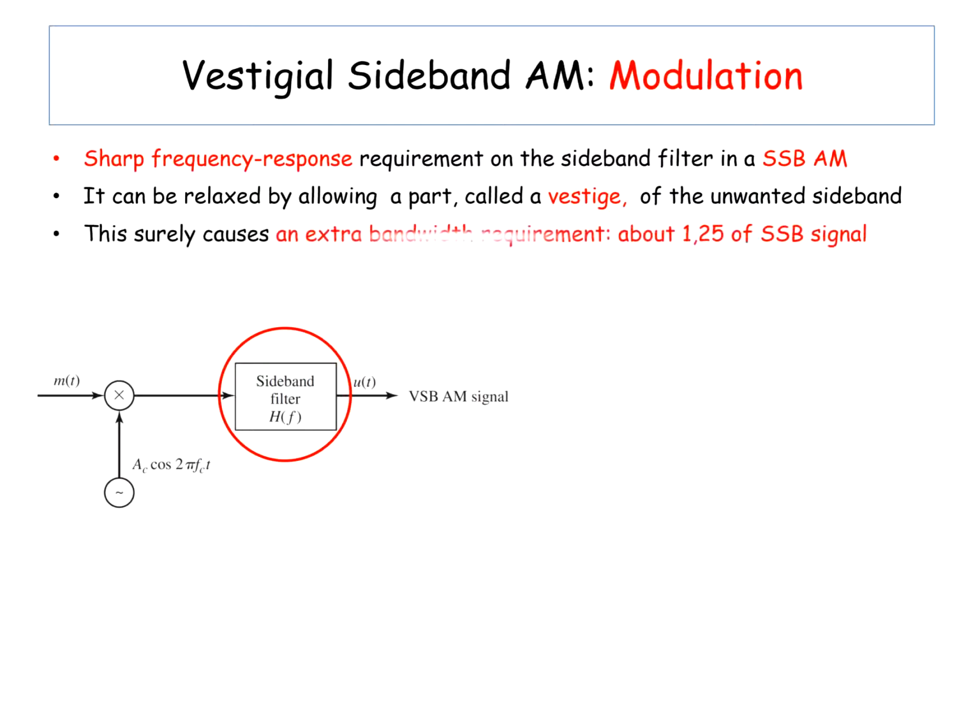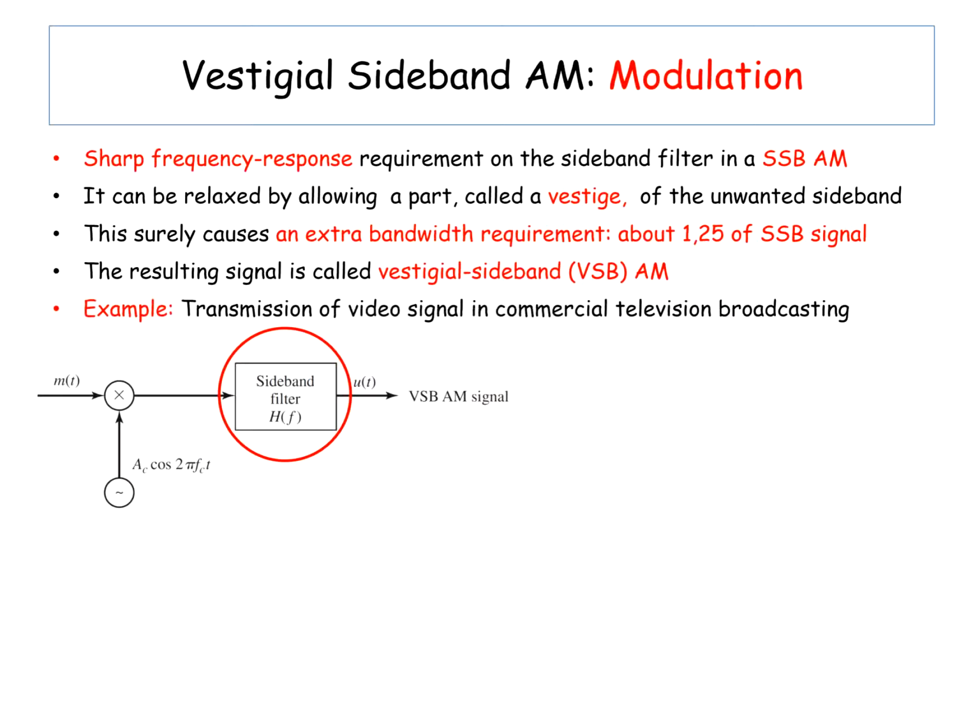However, this causes an extra bandwidth requirement, which is about 1.25 of a sideband. The resulting signal is called as Vestigial sideband AM signal. The transmission of video signal in commercial television broadcasting is based on Vestigial sideband amplitude modulation.